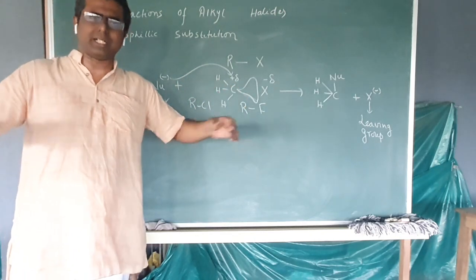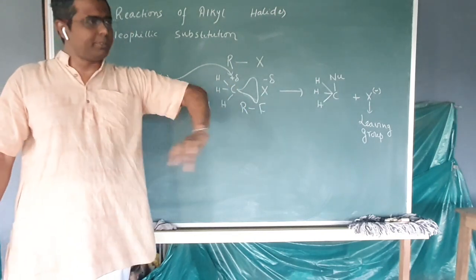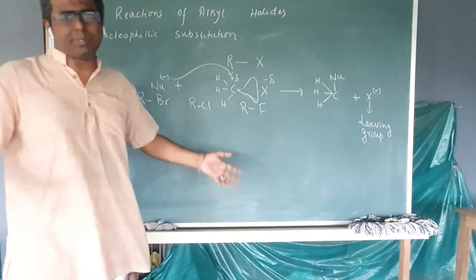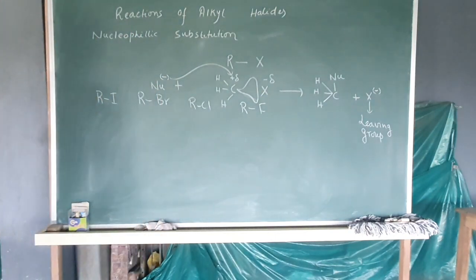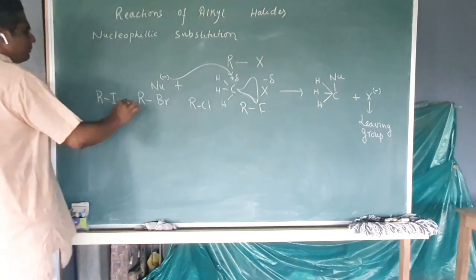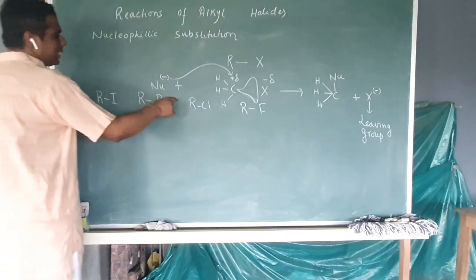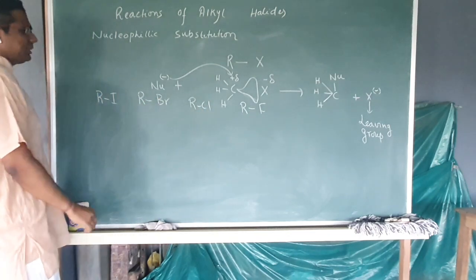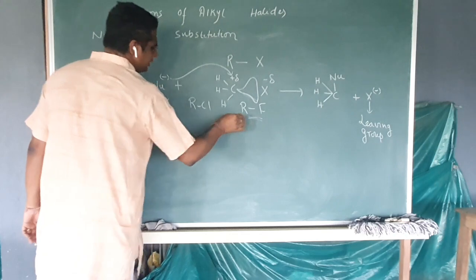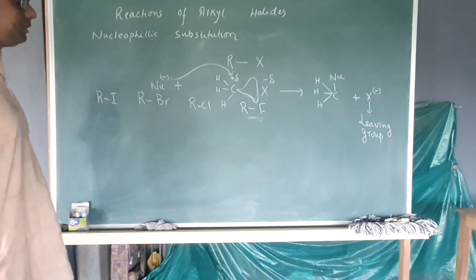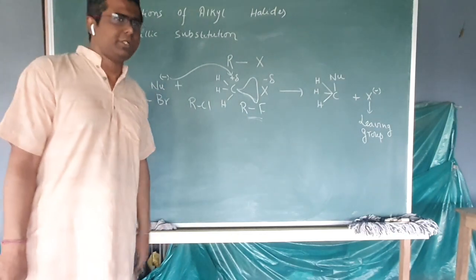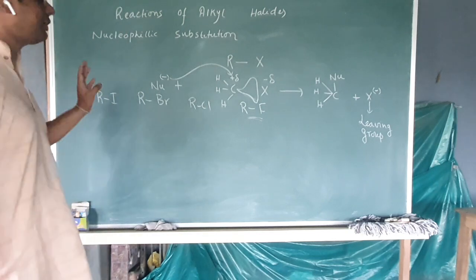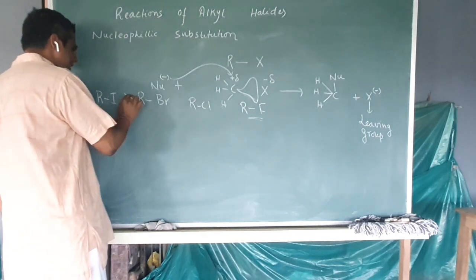So if the atom is larger, then the bond length between the carbon and the halogen will be higher. So the bond length order is RI higher than RBr higher than RCl higher than RF. RF has very little bond length, because fluorine is a very small atom. So the best leaving group in this case is obviously iodine.